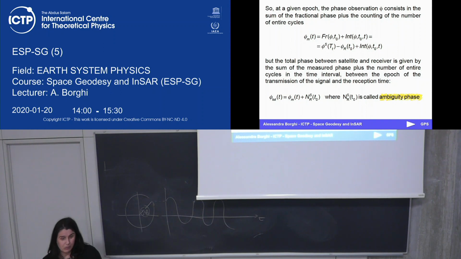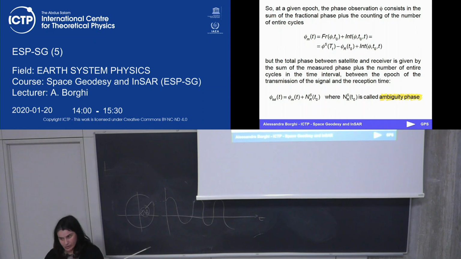code observation for real-time positioning. In real-time positioning, we have seen that we have 4 unknowns at a given epoch: X, Y, Z, the geocentric coordinates of the receiver, plus the clock offset, the error due to the synchronization between satellite and receiver.